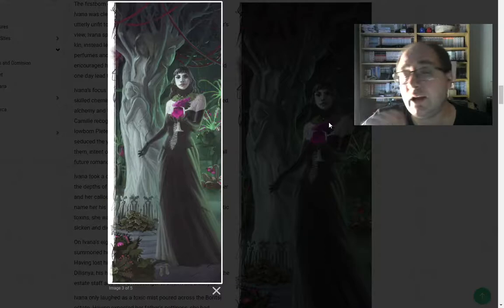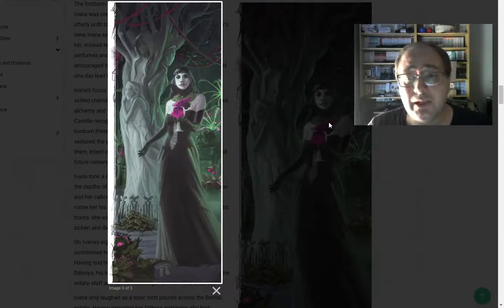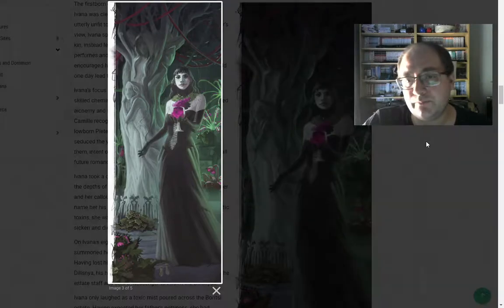And you don't have to play her as a villain. You can play her as a patron. I think that's very cool, because you can take Ivana and make her the patron. She's going to send your player characters on errands, maybe in Borca, maybe in other domains, bringing her rare herbs and mushrooms, or spying on her rivals, all kinds of stuff.